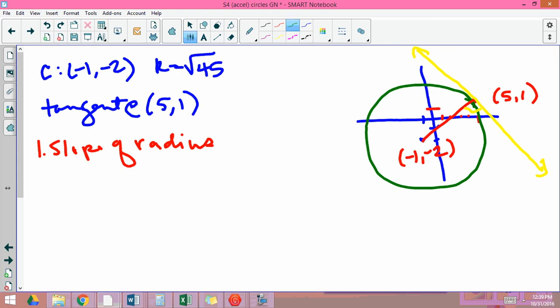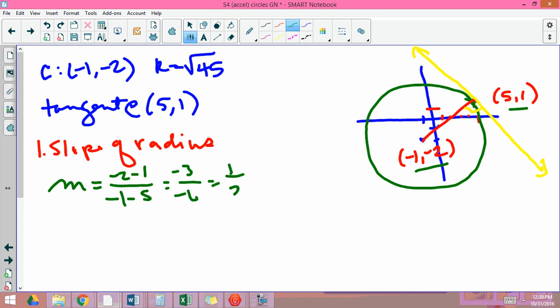So we are going to calculate the slope between this point and this point. And so my slope is going to be equal to -2 minus 1 over -1 minus 5, -3 over -6, positive 1/2.